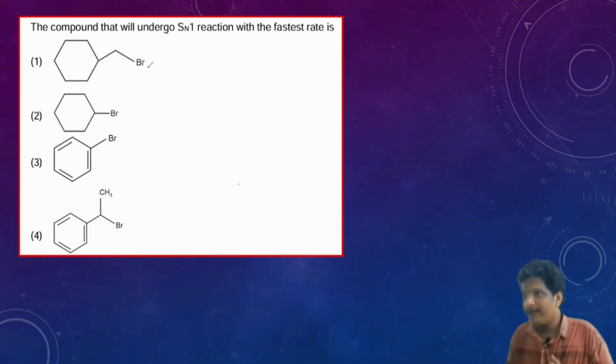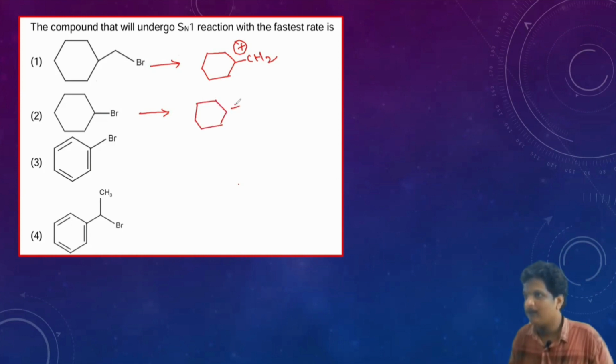Here, if you consider this option, by loss of Br minus in step 1, you will get a primary carbocation, CH2 plus. In this option you will get a secondary carbocation.